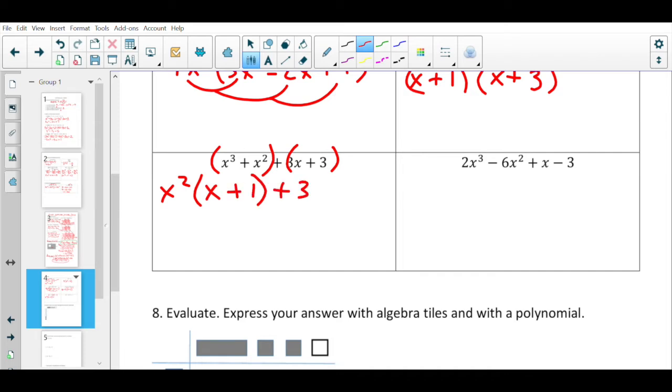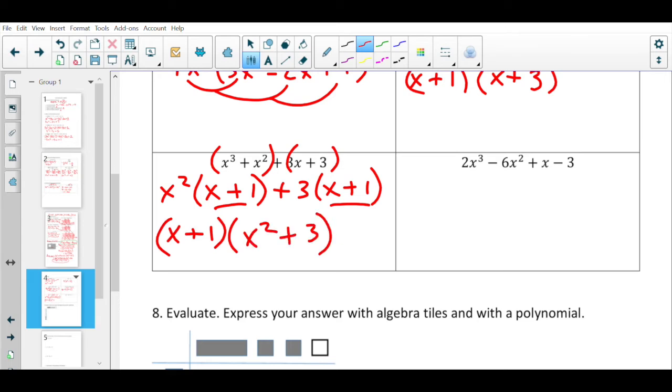Here, the common factor is 3, that's x plus 1. We're not done yet. Now we have this x plus 1 and x plus 1, that is a common factor of both terms. So we factor out that x plus 1, and we're left with x squared plus 3.